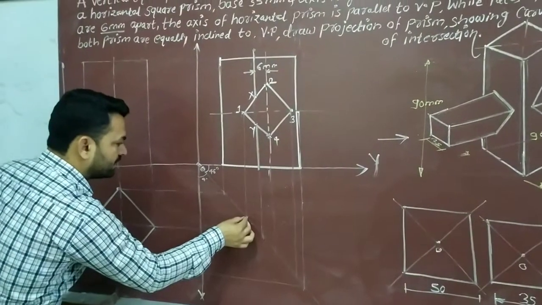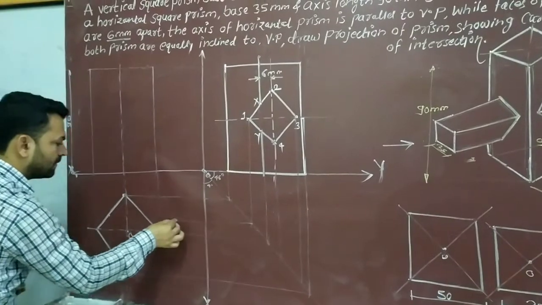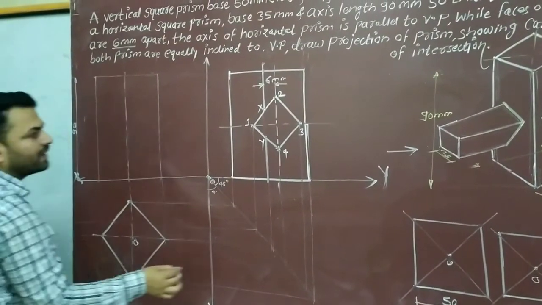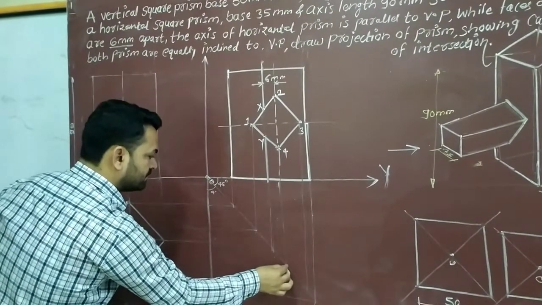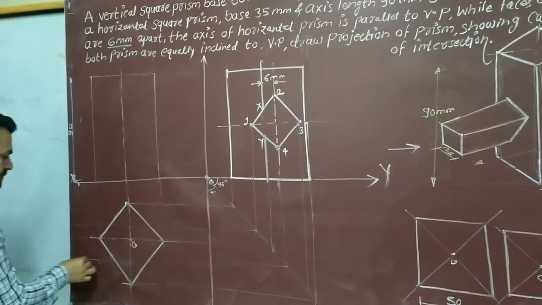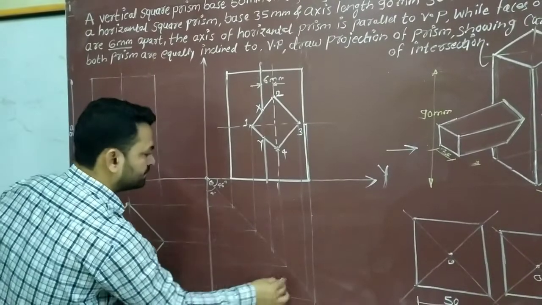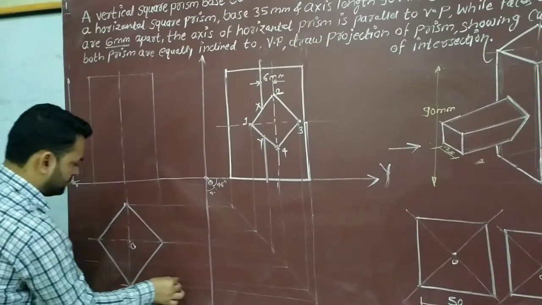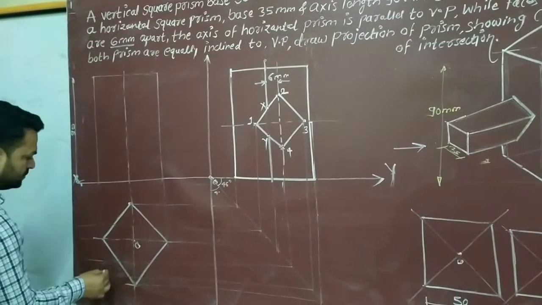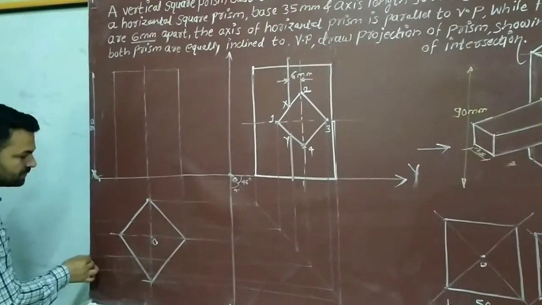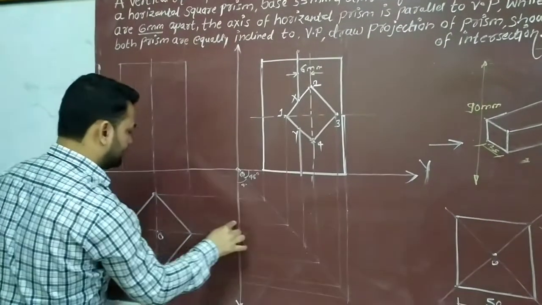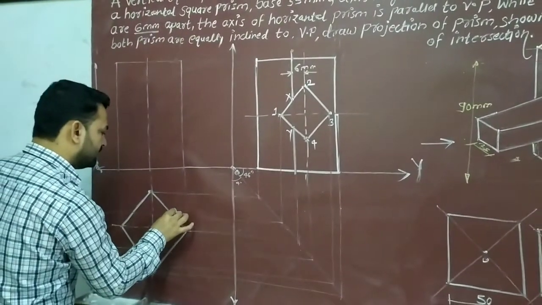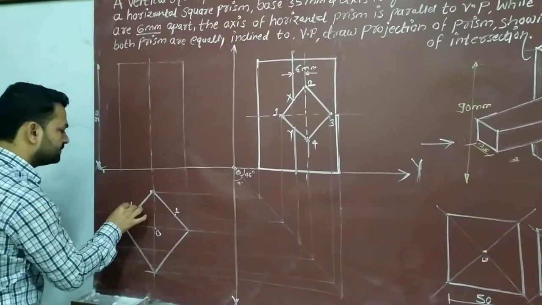Okay, then take projection 1, 2 and 3. So this is the projection. See here, this is point 1. So here is point 1. Again here is point 1.